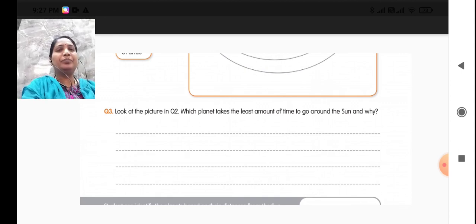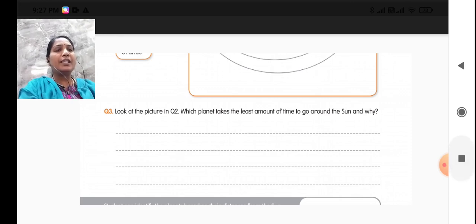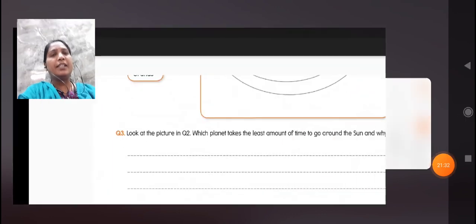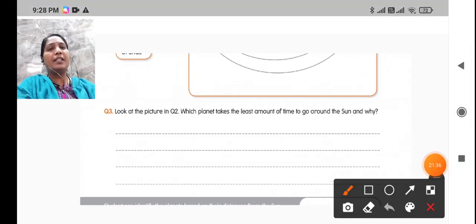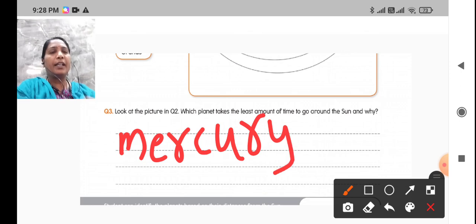And the last question is, look at the picture in question 2. Which planet takes the least amount of time to go around the sun and why? You know very well, Mercury takes very less time. Why? Because it is very close to the sun. So Mercury is the correct answer.